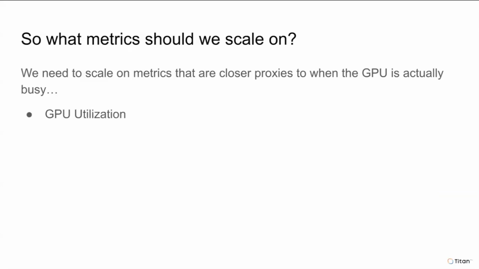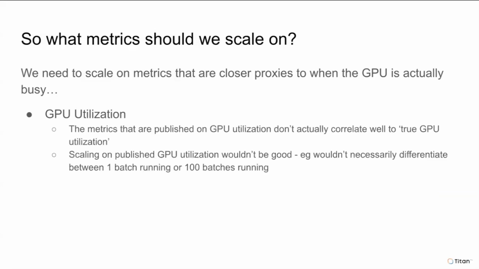One obvious guess is that maybe we should scale on something like GPU utilization. This seems like a really obvious thing to scale on because if my GPU is really busy, then I should probably give my application more GPUs. And if it's not busy, maybe I can take away some GPUs. But the reason this is really difficult is because the metrics that are actually published from the GPU don't correlate well to true GPU utilization. The published metrics essentially say what percentage of the time the GPU is doing any work.